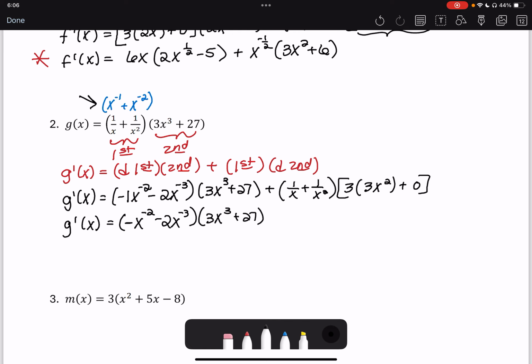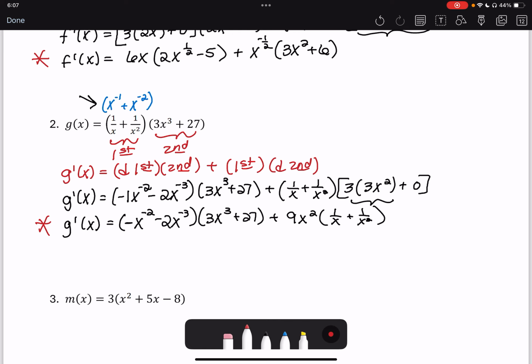And then this second one here, I can go ahead and multiply the 3's, and that'll be a 9x squared. So I'm just going to put that in the front. All right, and that would be our derivative, okay? And that's as far as you need to simplify it, okay?